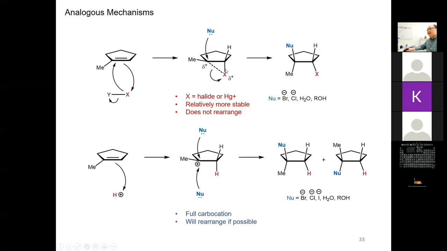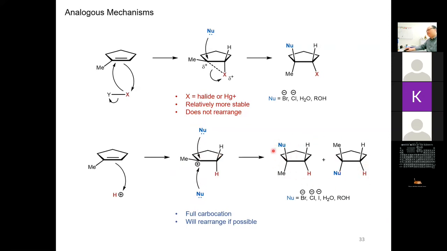But for any of the electrophilic addition reactions that start with addition of a proton, the proton cannot stabilize the carbocation, so it is a full carbocation. It's flat. And the next nucleophilic addition can happen on both sides. And so it's not stereoselective, all right?